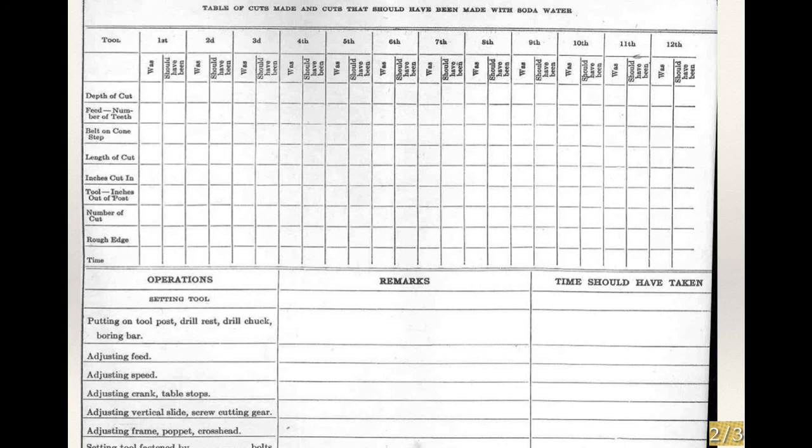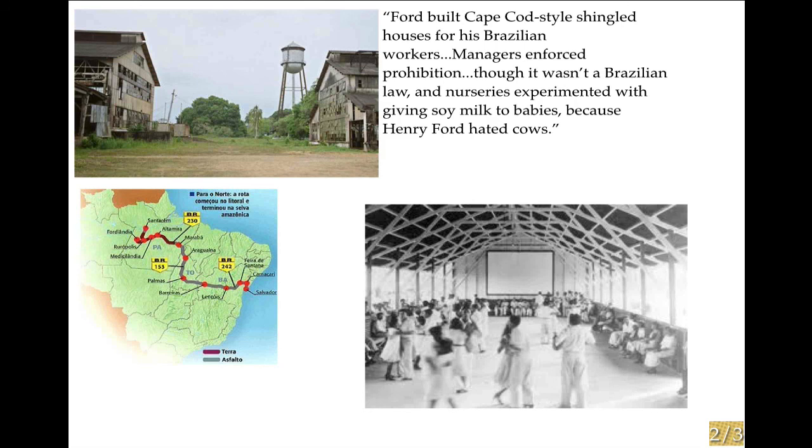Now, Ford, in general, while he was a very innovative person in terms of generating new systems of industrial production, was also a fairly strange human being. In the 1940s, during World War II, Ford was worried about the supply of natural rubber to be able to make car tires.